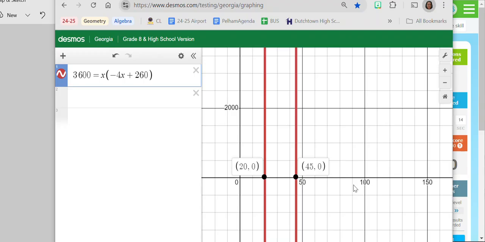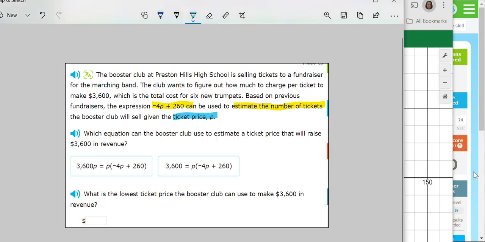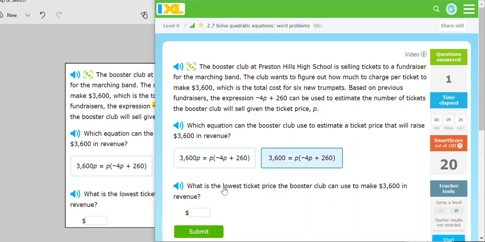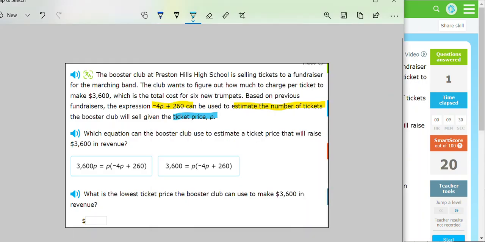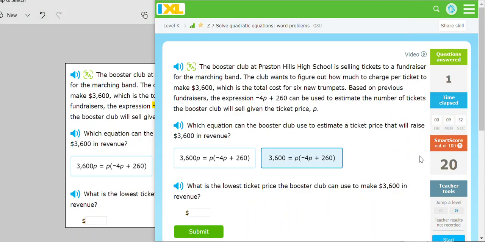So what's the lowest that I can charge to make that money? 20. And what's the most that I should charge? In the question, they're asking us for the lowest price ticket. Does anybody remember what it said? 20? Thank you.